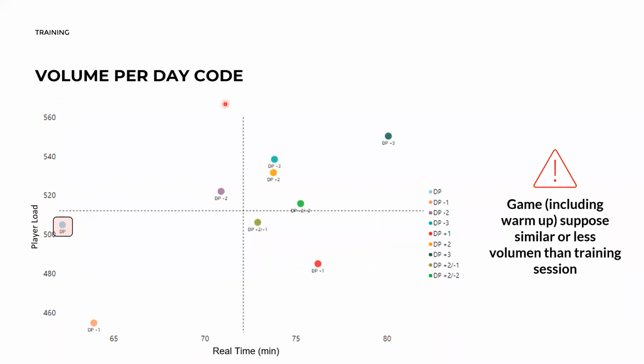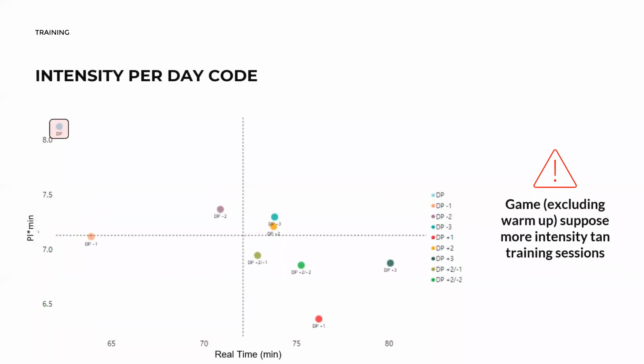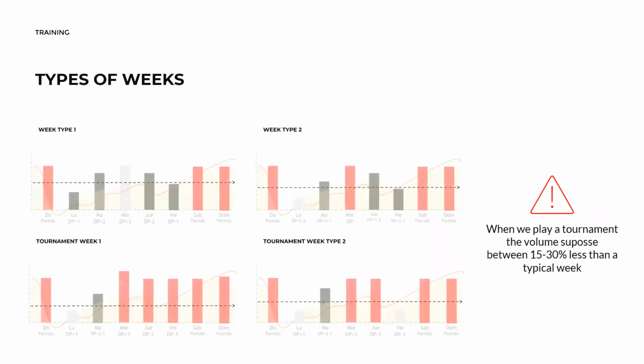So we see how a game, including warm up, supposes similar or less volume than training sessions. But when we see it relative per minute, we see how the match day is on the top left. That means that games suppose more intensity than practice.